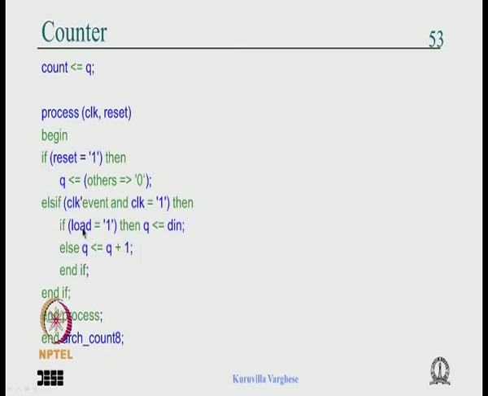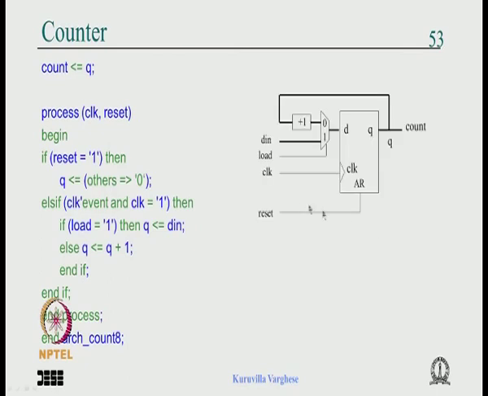And once again this shows if load is 1 Q gets D in, else Q gets Q plus 1. So this shows a 2 to 1 mux where load is the select line: when it is 1 Q gets D in, when it is 0 it gets Q plus 1.